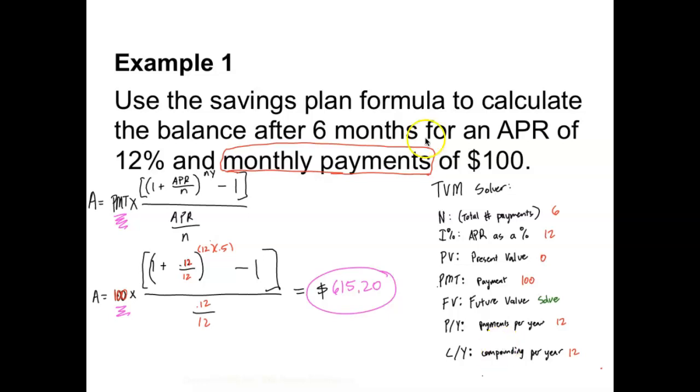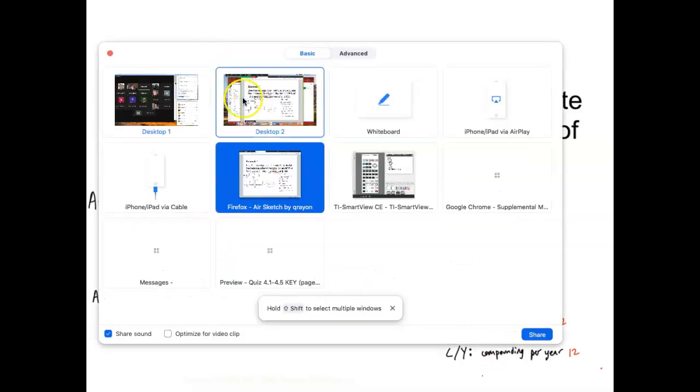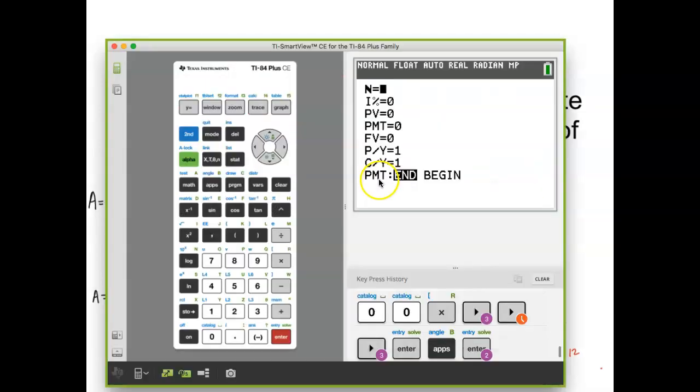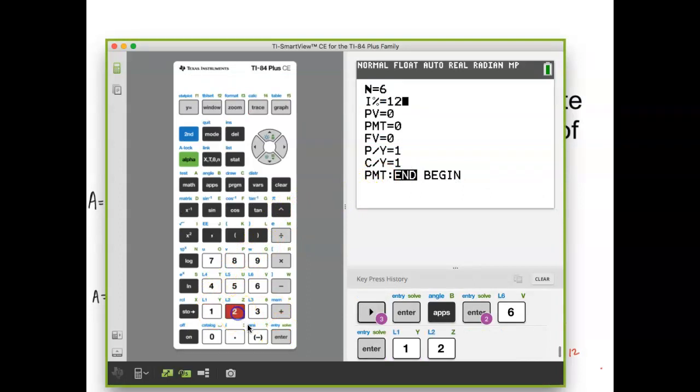All right, so let me go back to the calculator and I'll input those. So I'll leave the future value as 0 for now. There we go. It auto-fills compounding per year to match payments per year.